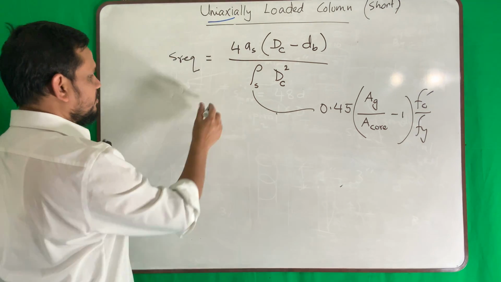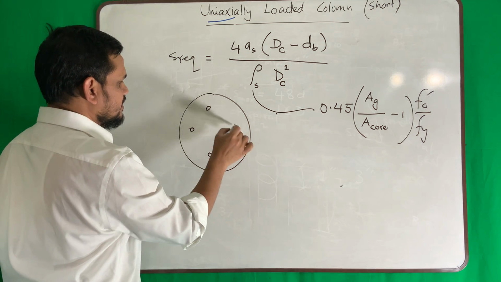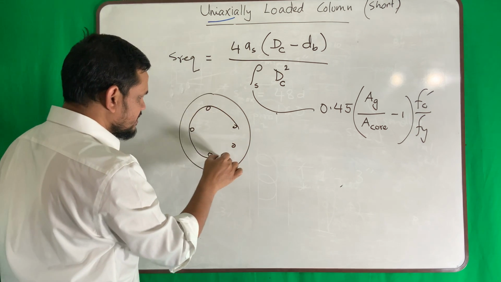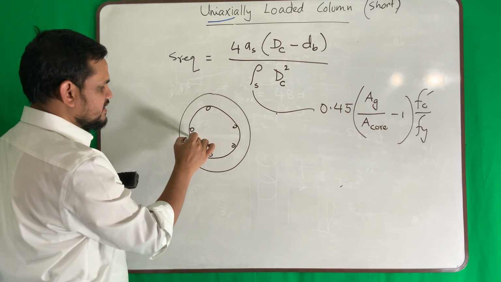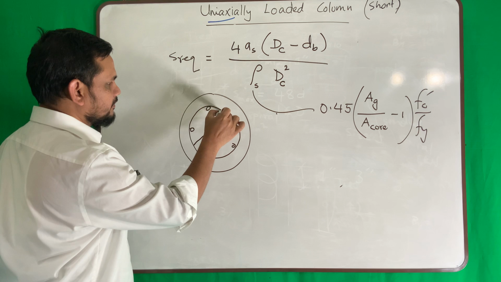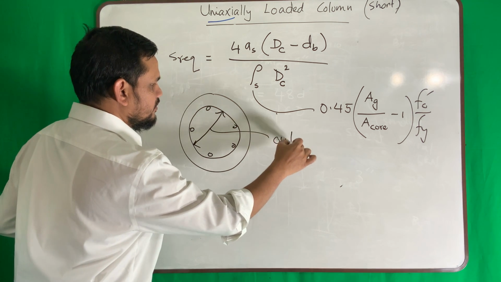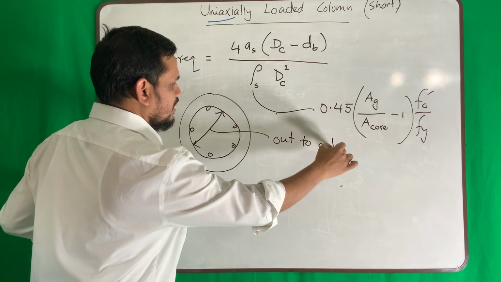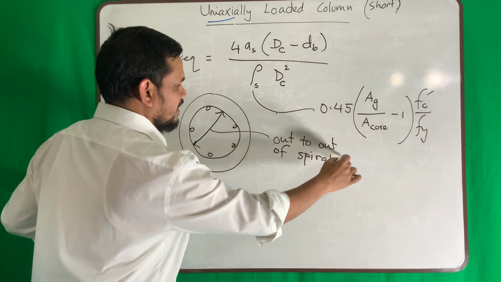Now what is DC? If my spiral is this and my spiral is here, DC means the diameter of this core, out to out of spiral diameter.